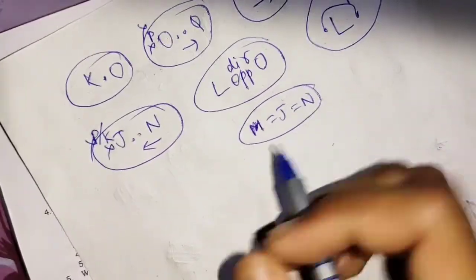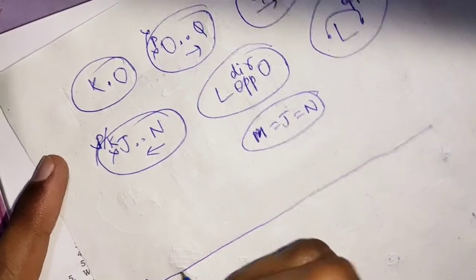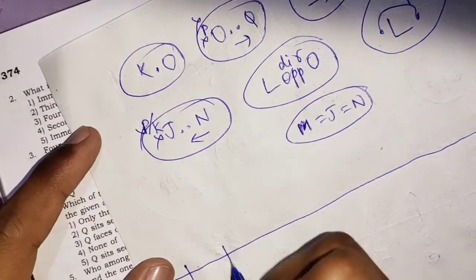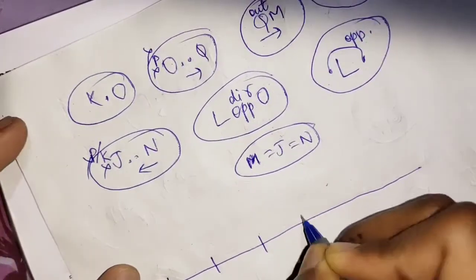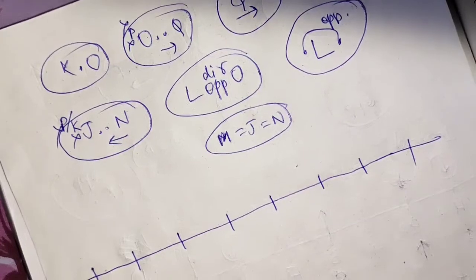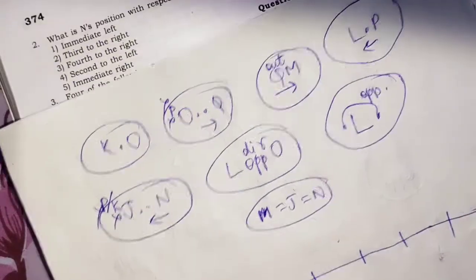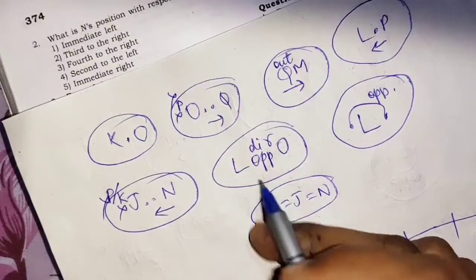Now we will try to solve it. So we will draw a straight line, and mark the points 1 2 3 4 5 6 7 8. Now which point will we start with?